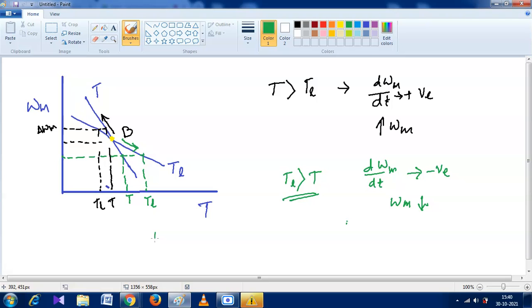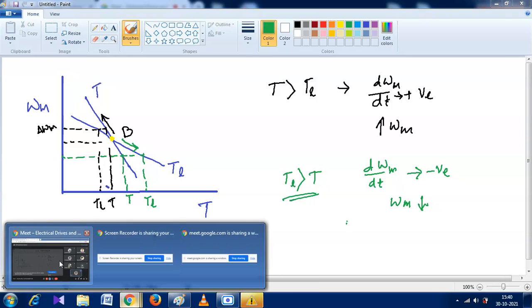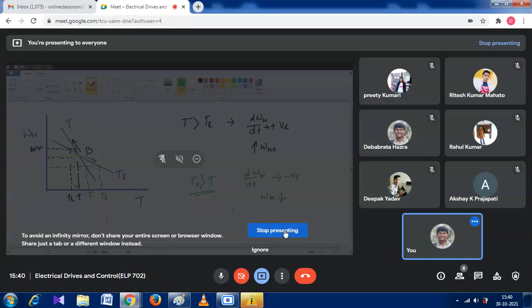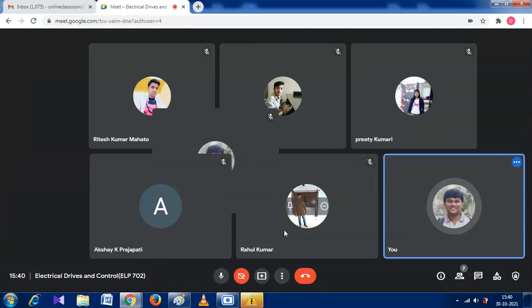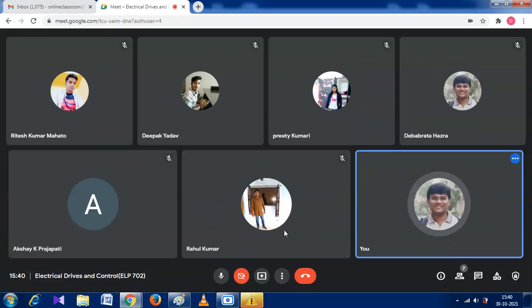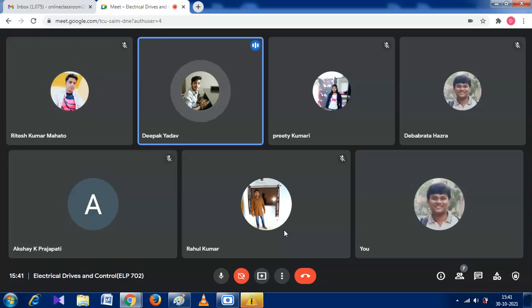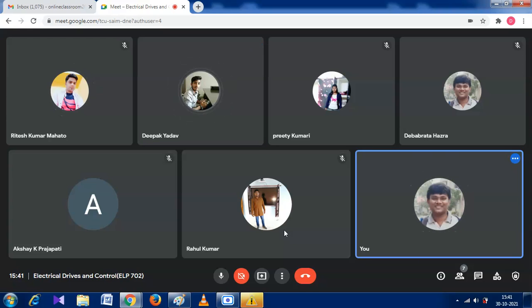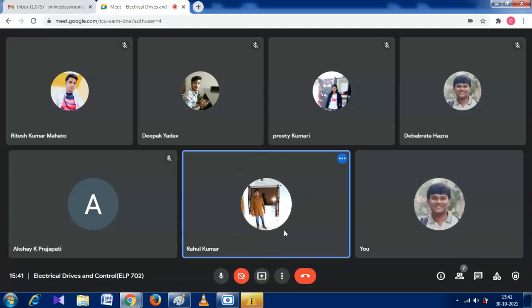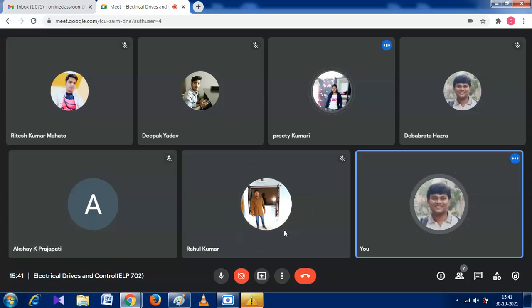Okay, then we'll take the attendance. Who is present now? Ritesh, yes sir. Deepak, yes sir. Preeti, yes sir. राहुल, yes sir. राहुल, आपको समझ में आया कैसे चेक करते हैं स्टेबल है कि नहीं सिस्टम? Yes, sir. प्रीति कुमारी, have you understood that?